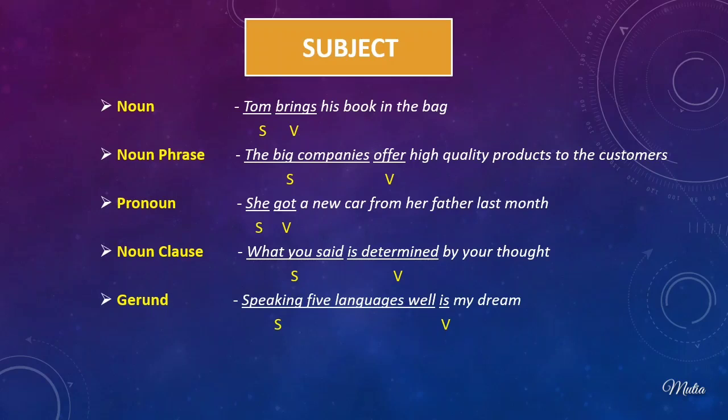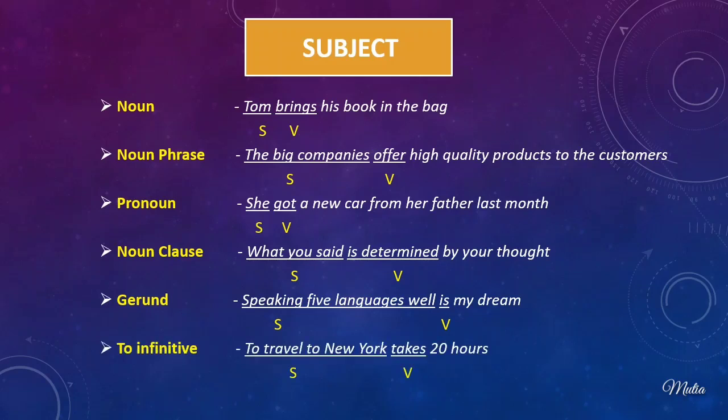Gerund is verb ing, which functions as a noun. For example, speaking 5 languages well is my dream. In this sentence, the subject is in the form of gerund, speaking, and the verb is.